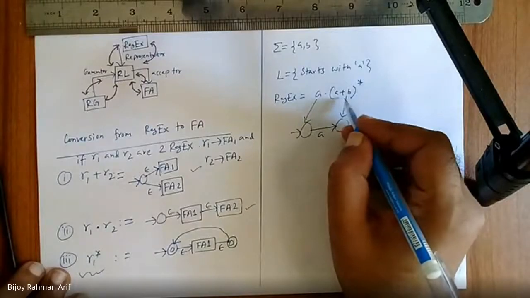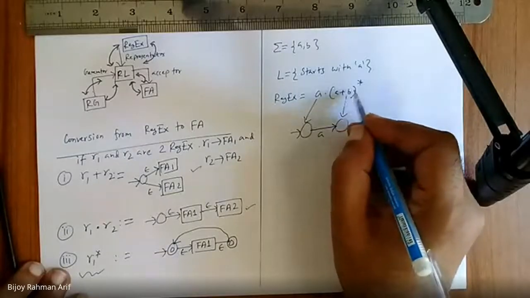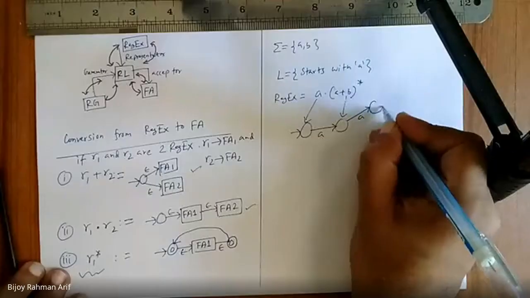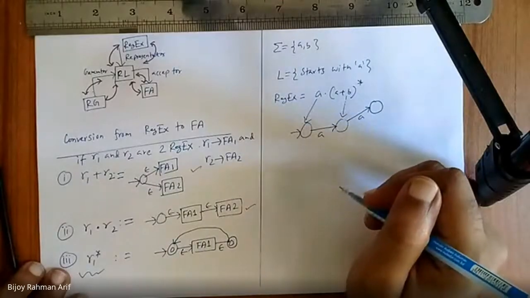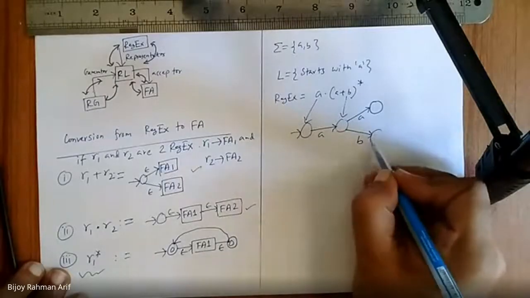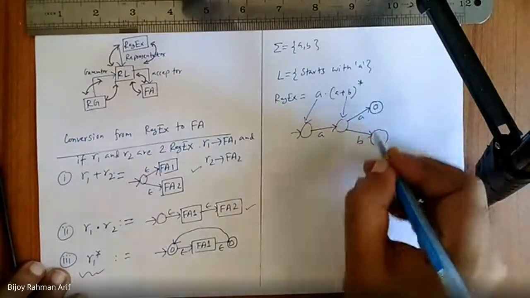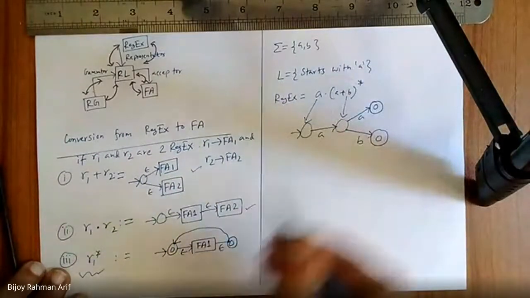And whatever you get, A or B, that is star. So seeing A, you can go here, or seeing B, you can go here. It is the final state, of course, and it is star.